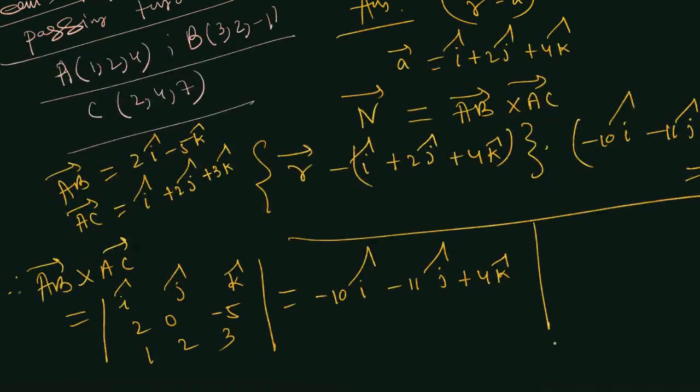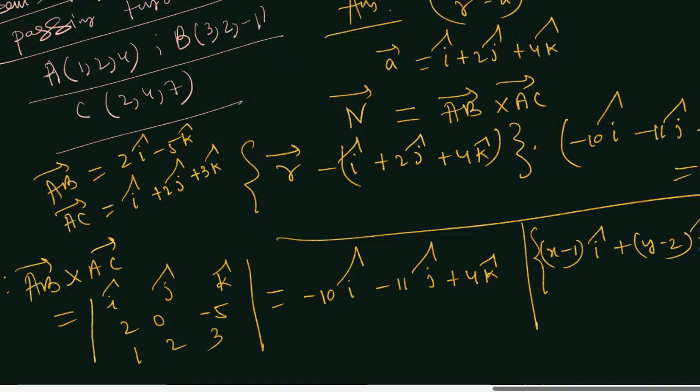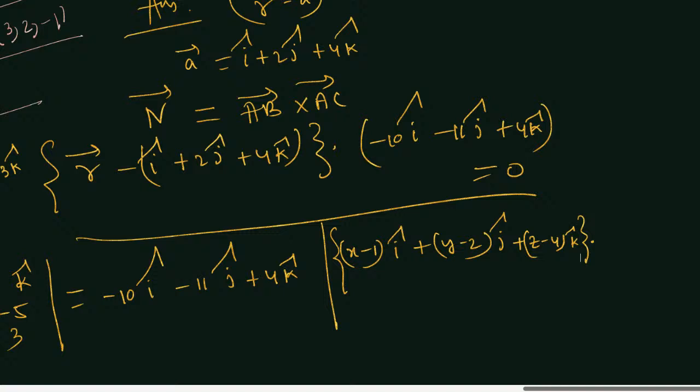How to? r is xi plus yj plus zk, so this is (x minus 1)i plus (y minus 2)j, dot this thing.